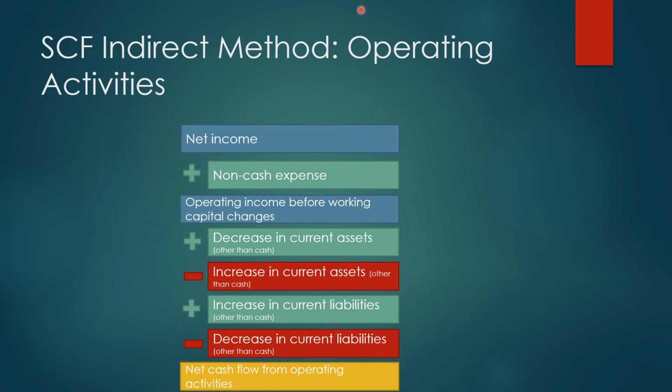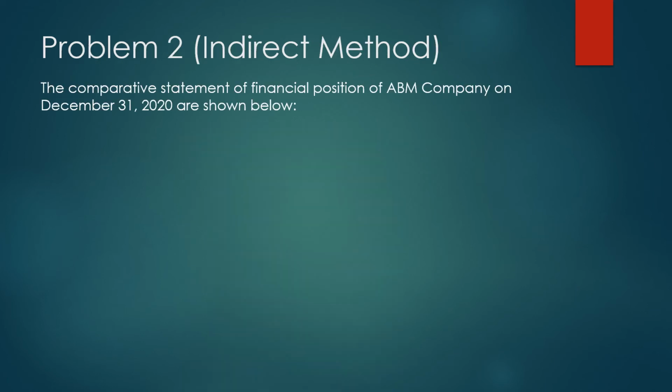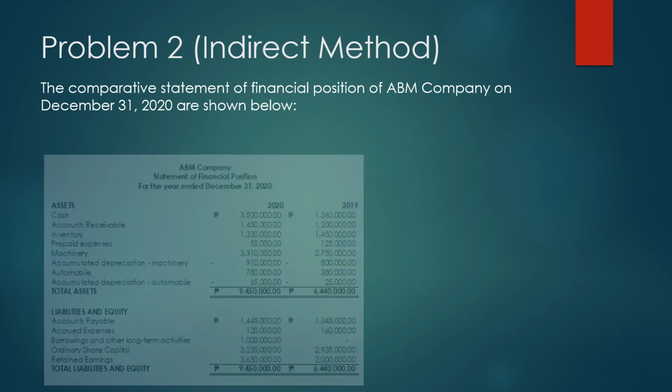Once you are familiar with this formula and know the logic behind it, you will no longer be confused on how to compute the operating activities under the indirect method. So, let's put it in a problem so you can understand it better. The comparative statement of financial position of ABM company in December 31, 2020 is shown below.